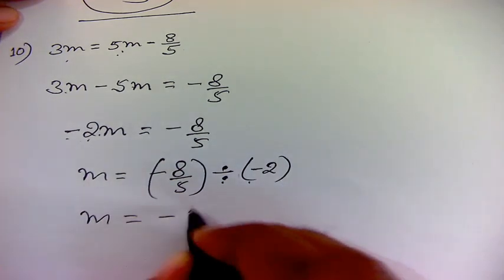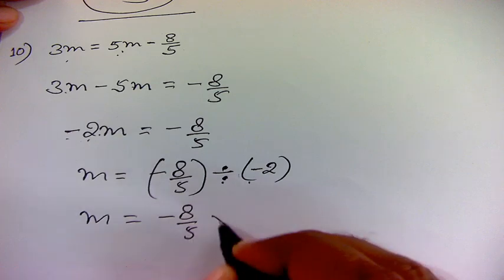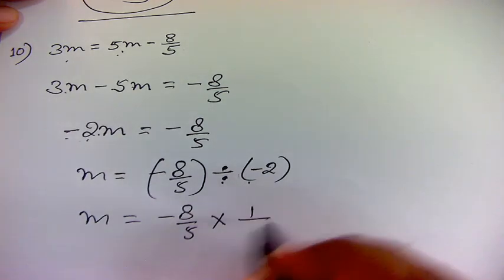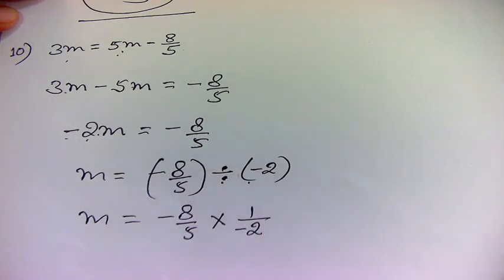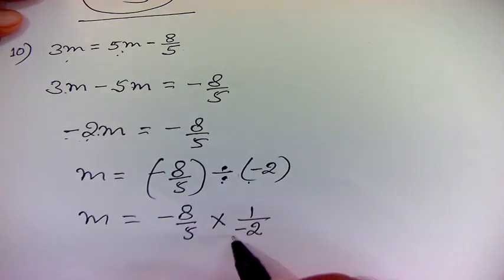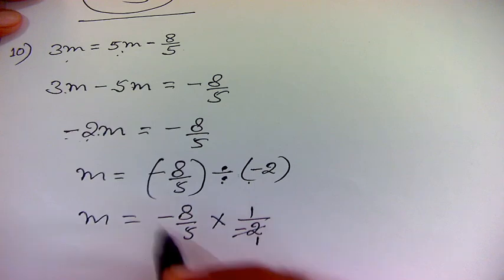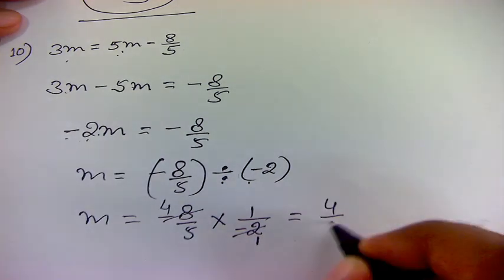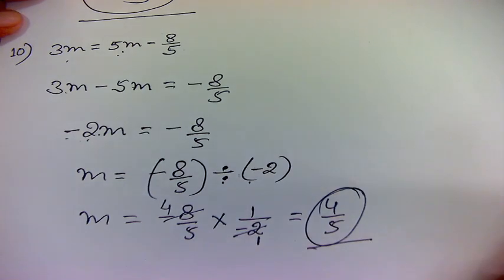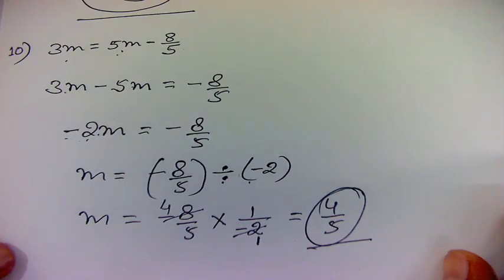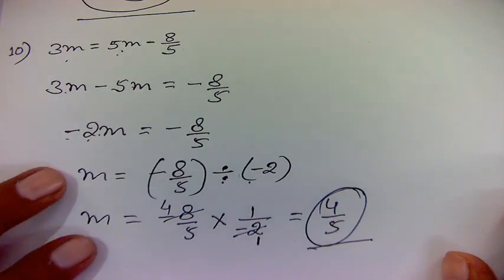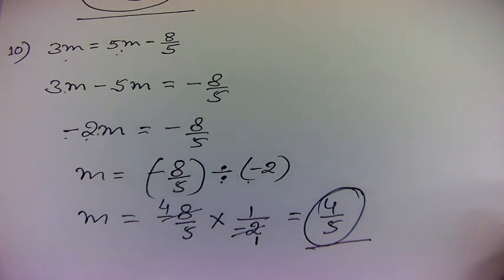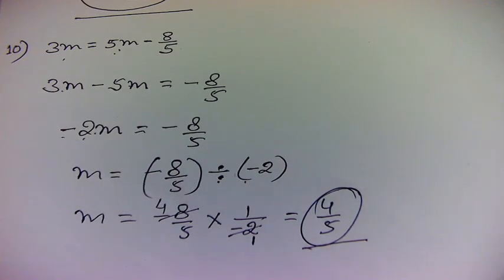So you have minus 8 upon 5 multiplied by 1 upon minus 2. Now here minus 2 and minus 8 you can simplify, and you get 4 upon 5 as the value of m. So this is the solution, and of course the verification part that you will do it yourself.